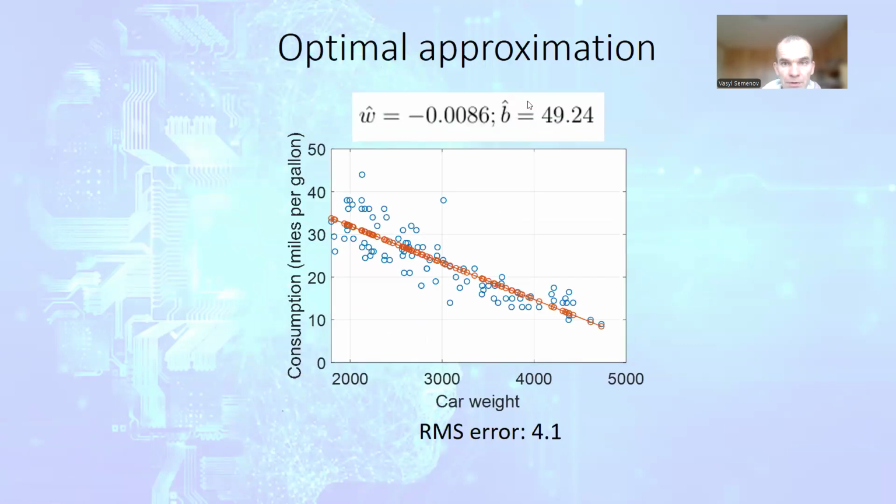And for our particular example, we get the corresponding W of minus 0.0086 and B of 49.24, which results in the corresponding error for the whole data set. Later, I will show what the error is separately for the training and test data sets.